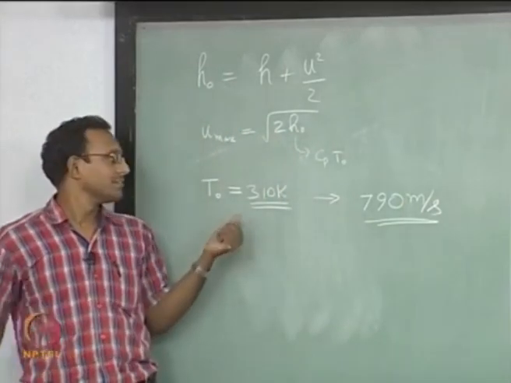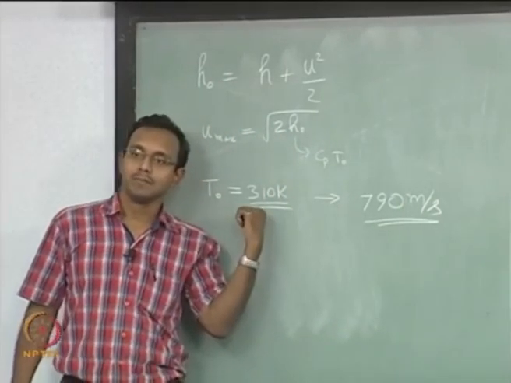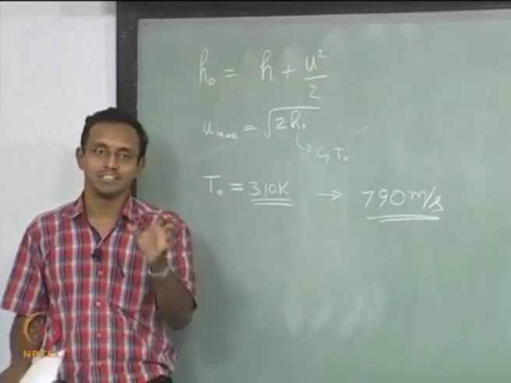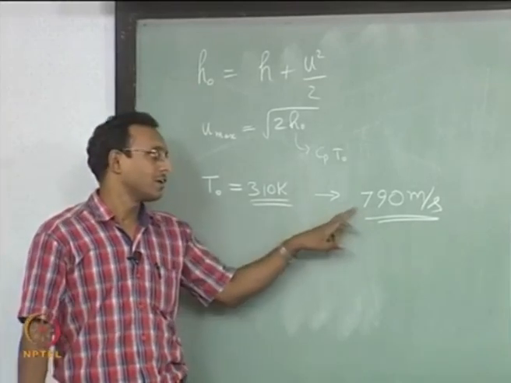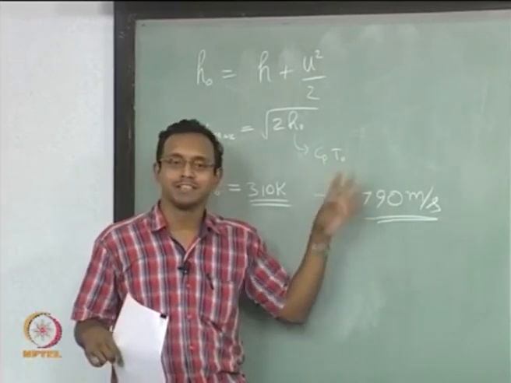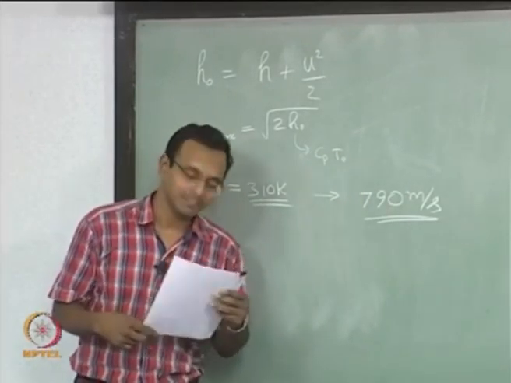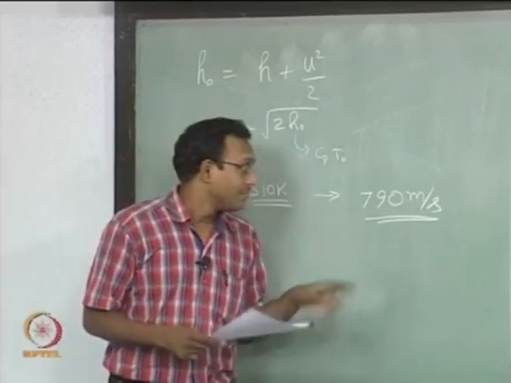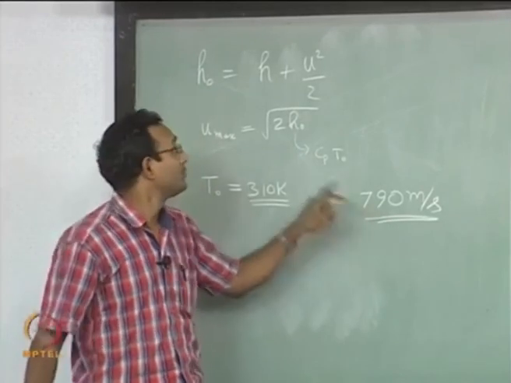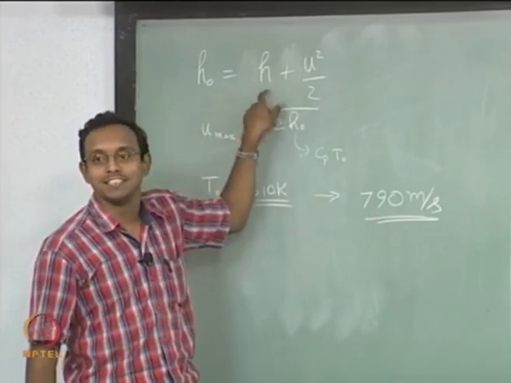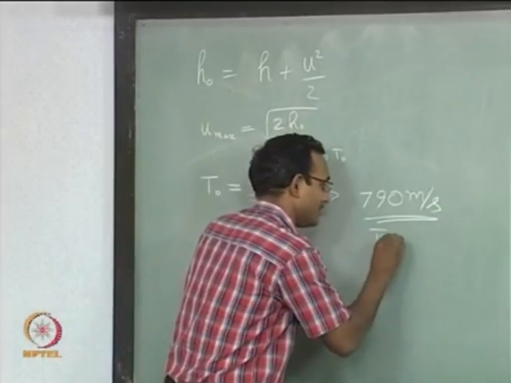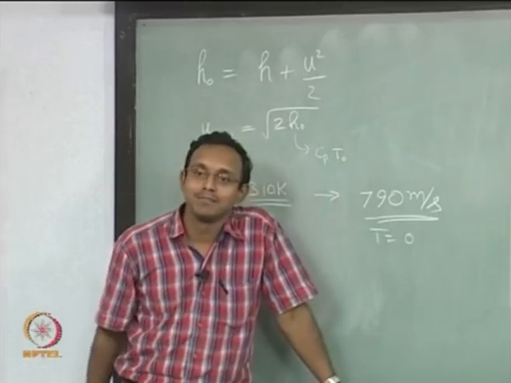If I start with a gas at this temperature and make it accelerate to the maximum velocity possible with the given energy already present in the gas, then it cannot go anything more than around 790 meter per second. It could be 791 point something, I just approximated it to 790. When this happens, what is the temperature of the gas? It should be exactly 0, because I am saying H is 0, all the energy is inside kinetic energy only. So this will go to a point where T equal to 0. If T equal to 0, what is my Mach number?